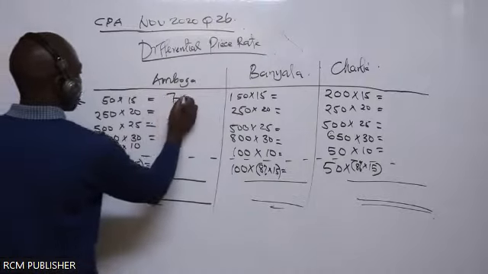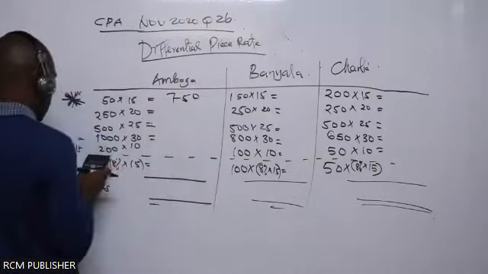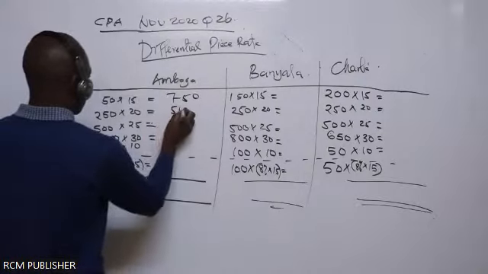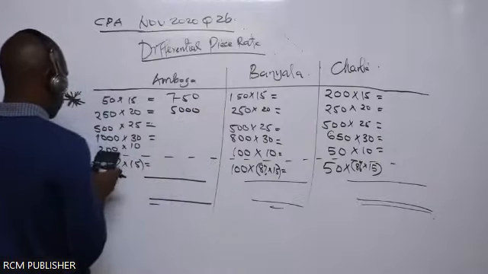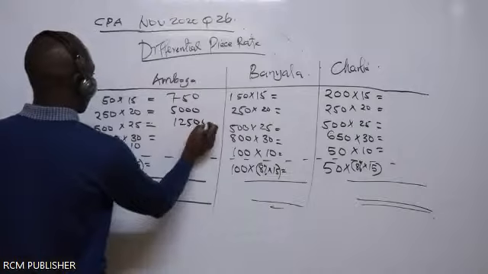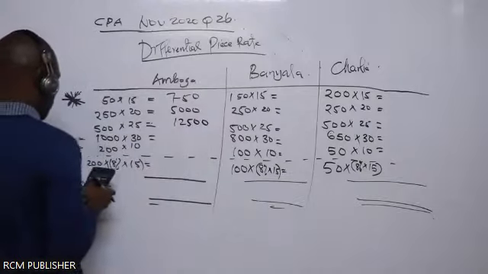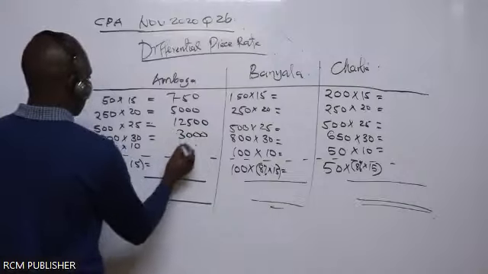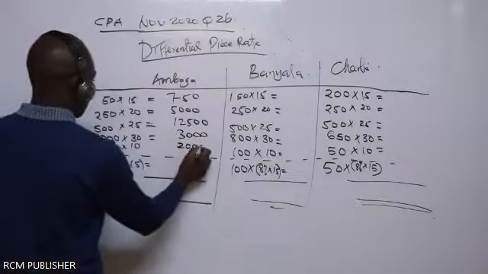We are going to have 750. We are going to have 5,000. We are going to have 12,500. We are going to have 3,000. We are going to have 2,000.